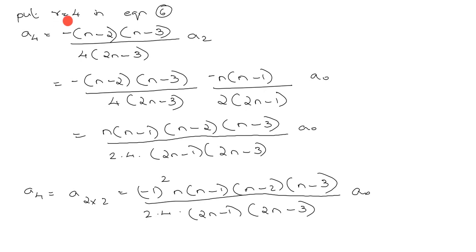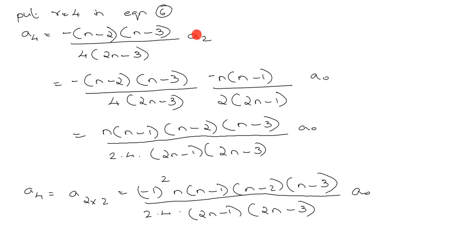And now we are going to put R is equal to 4 in equation 6, which will give you A4 is equal to minus N minus 2 into N minus 3 divided by 4 into 2N minus 3 into A2. And now we can substitute for A2.